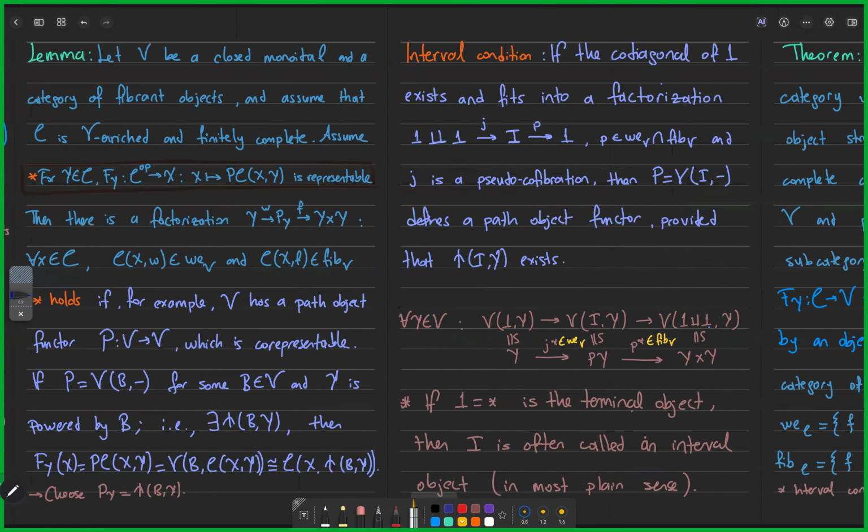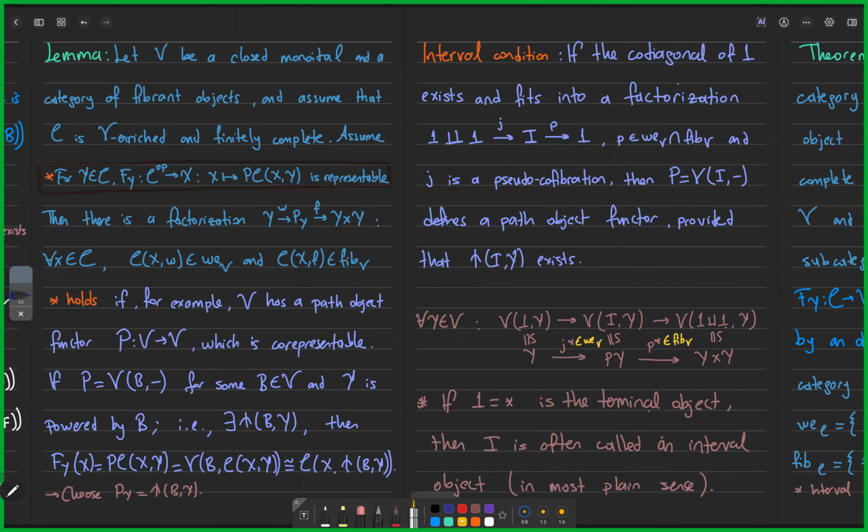And there is another way to obtain star. If our category satisfies the interval condition, then the path object is a representable functor. This happens, for example, in many of the known examples.